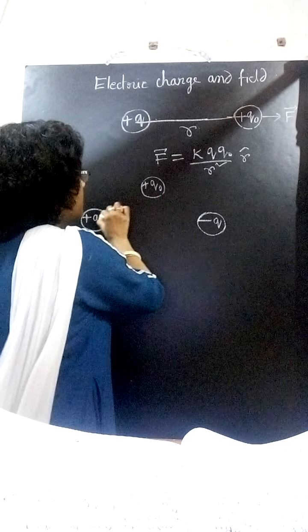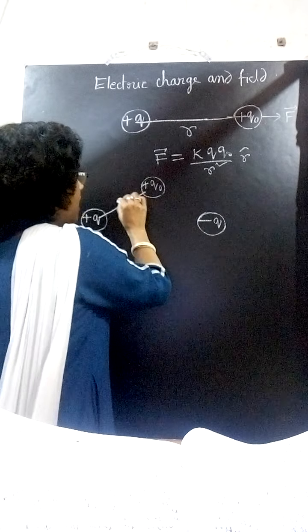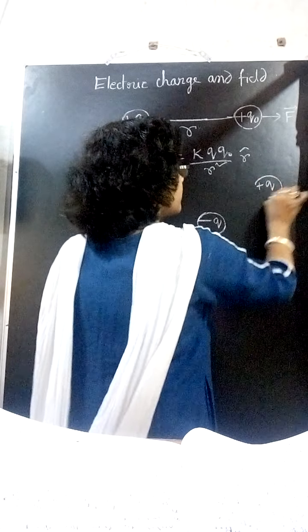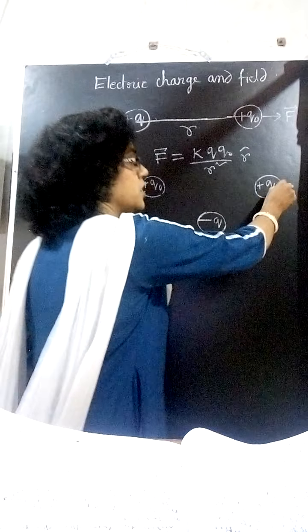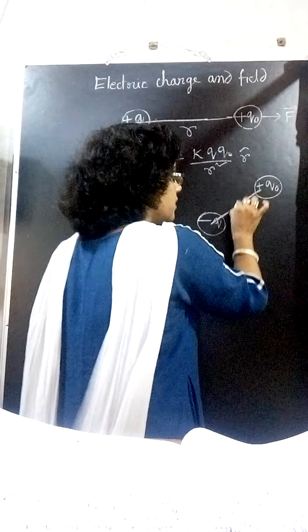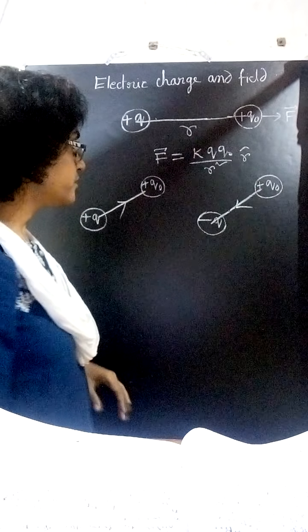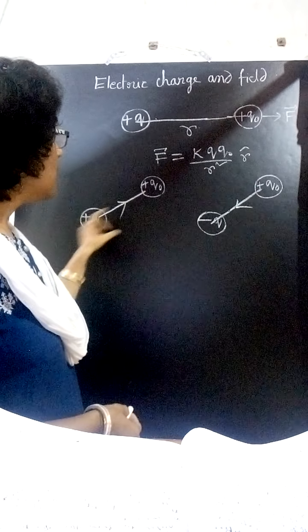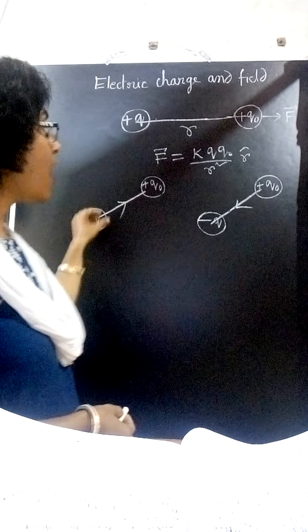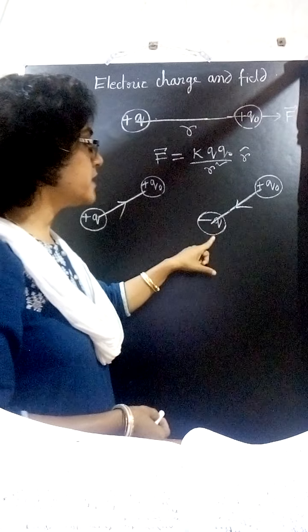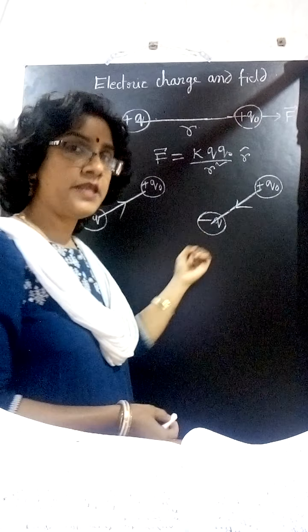So the direction will be outwards. And if a test charge is placed around a -q charge, then it will attract the test charge towards the -q charge. So the direction will be inwards. So the direction of electric field due to the positive charge is radially outwards, and the direction of electric field due to the -q charge is radially inwards.